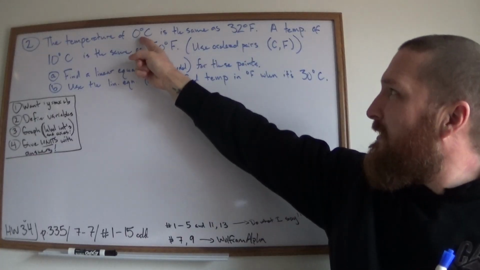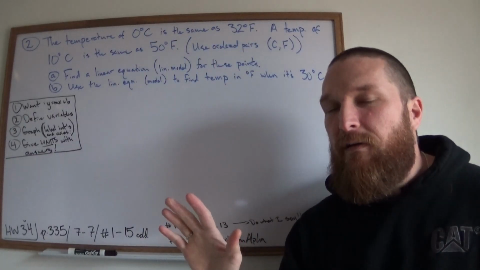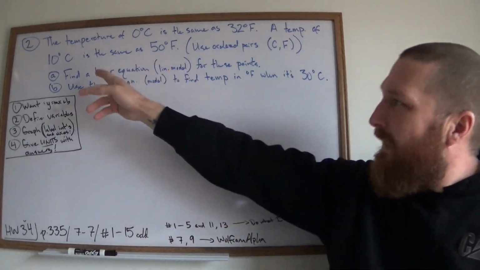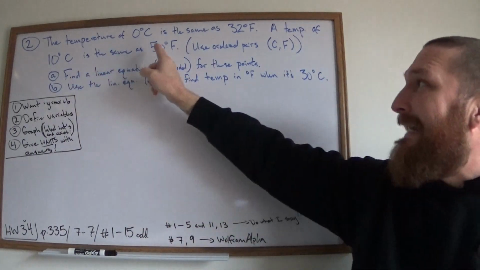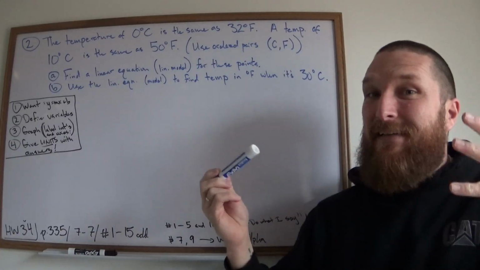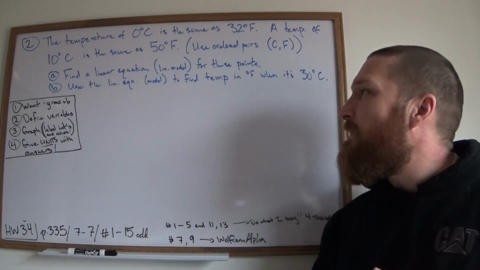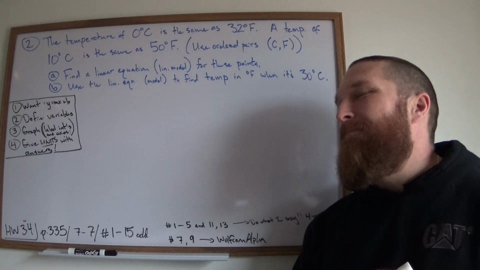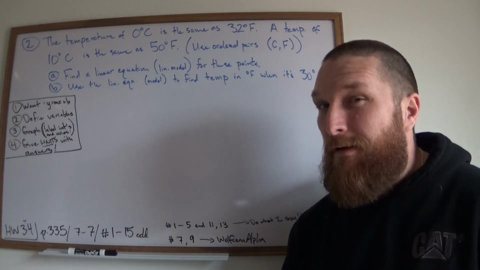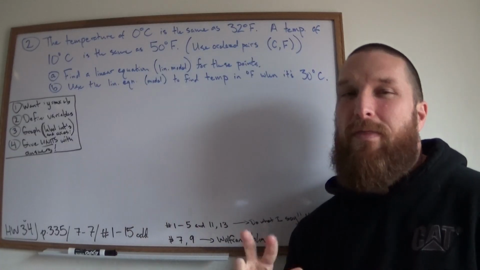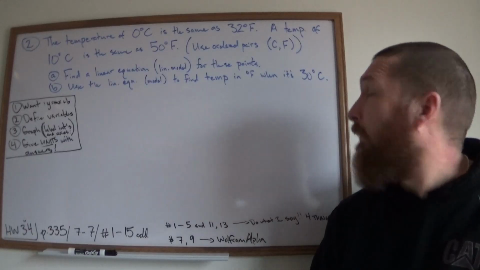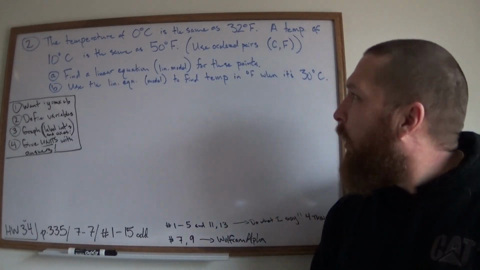When 0 Celsius is 32 degrees Fahrenheit, that's just what it is. And so when it's 10 degrees Celsius, it is 50 degrees Fahrenheit. That's just the way it is. So this isn't so much a model. We probably shouldn't even call this a model. We're just converting between 2 things. But anyway, we're going to pretend that it's a model and go on with this.